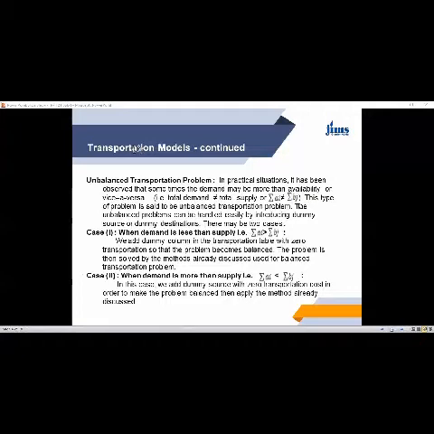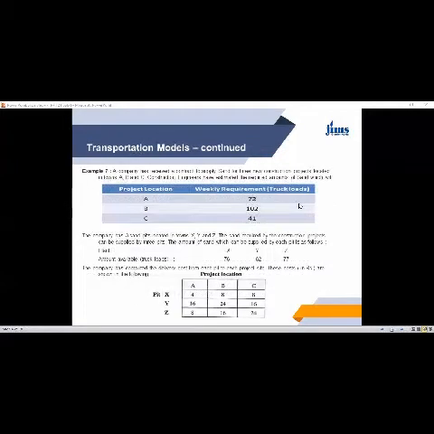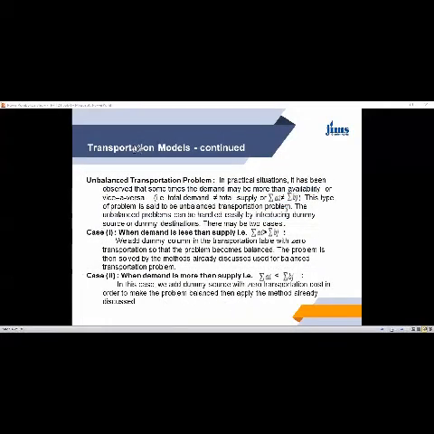So when demand is less and supply is more, we have to create an artificial demand or dummy demand, and for that we need to add a dummy column in the transportation table with zero transportation cost so that the problem becomes balanced.